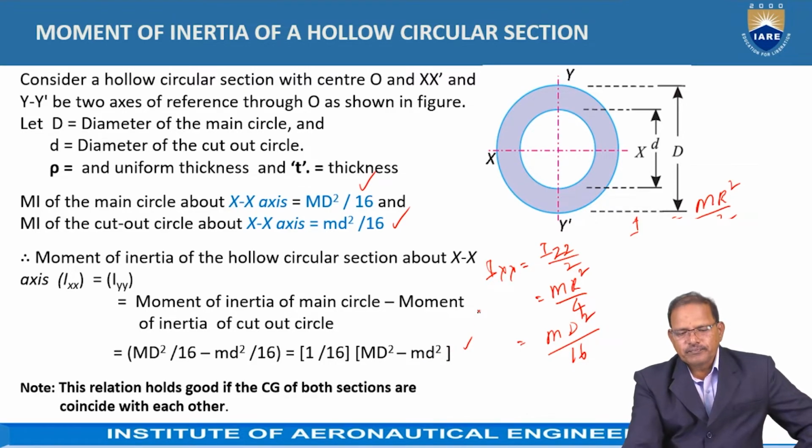This is the mass moment of inertia of the hollow circular section about the x-axis, which passes through the center of the circle, that is the central axis. These equations hold good when the center of gravity of the main section and the cutout section are coincident with each other.